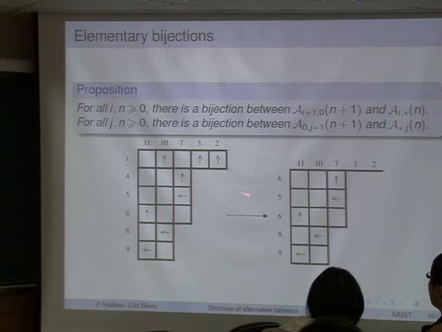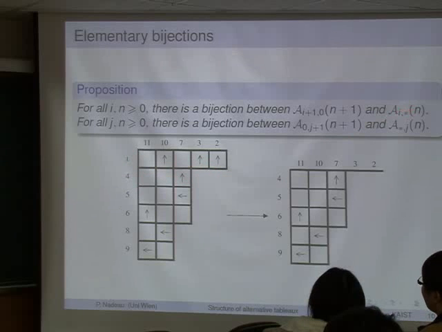The bijection is very easy. You take a tableau with no free columns because you have an up arrow in every column, and then you cut the first row. It's easy to see that this first row has to be free, so you lose a free row. That's why you go from I plus 1 to I. And then what you obtain, by a very easy verification, is a member of A_I star of n.